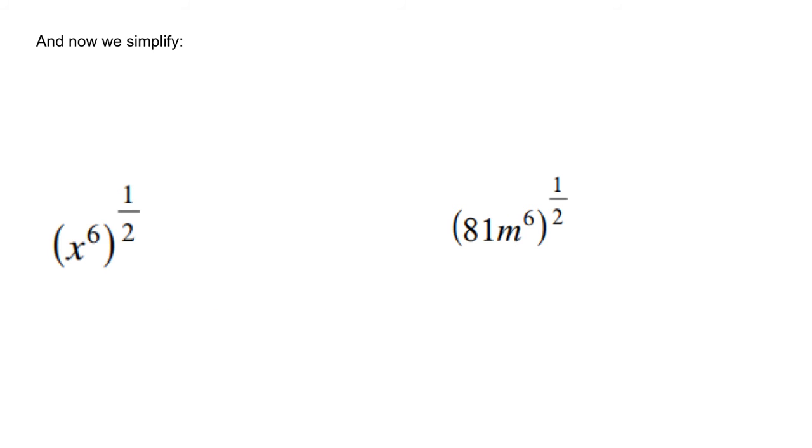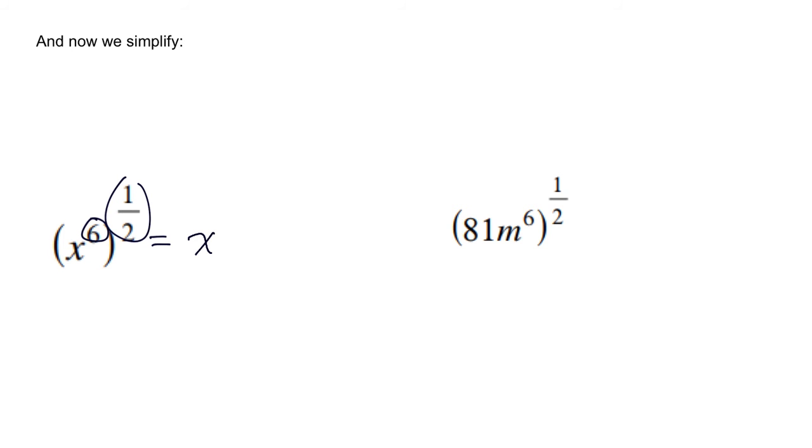We talked about this before with rational exponents. We can simplify these, so this is kind of review. This is a power to a power, so when I have an exponent on the outside of parentheses and an exponent inside, I'm going to multiply 1/2 times 6 in my exponent.